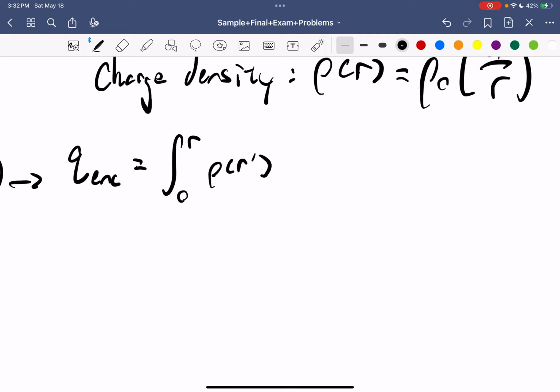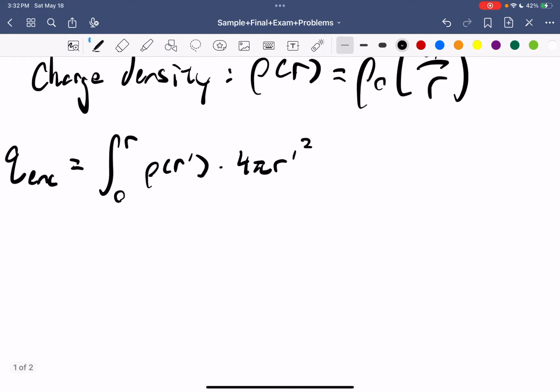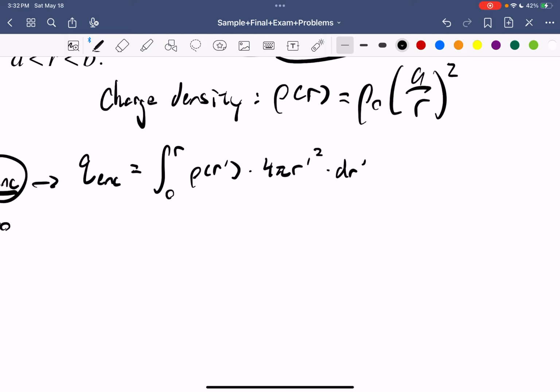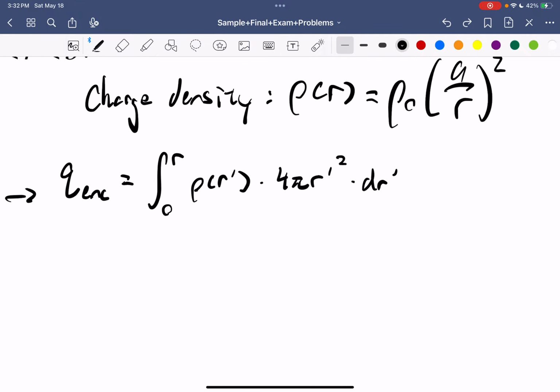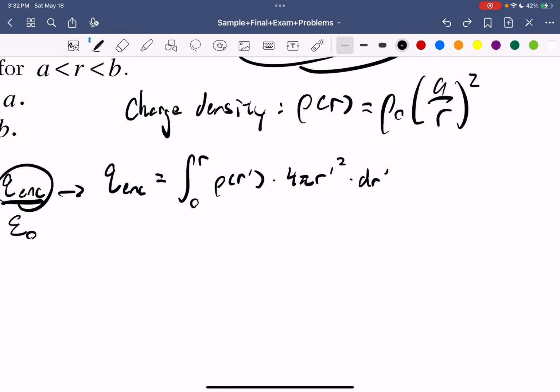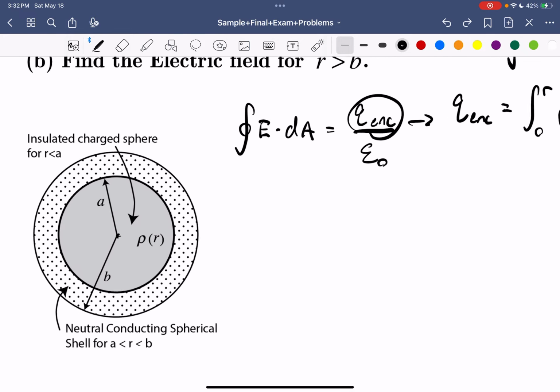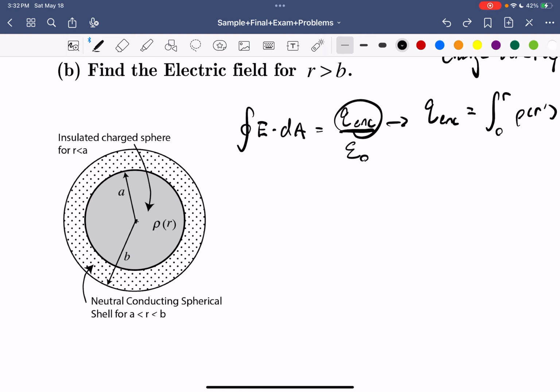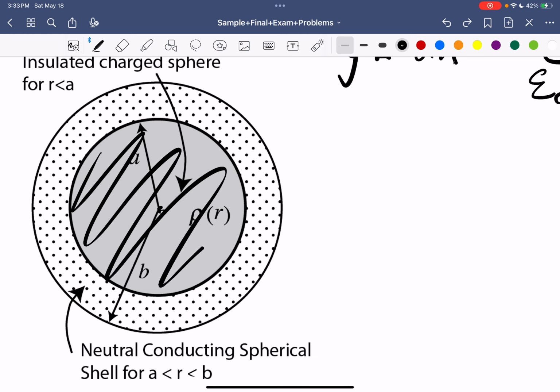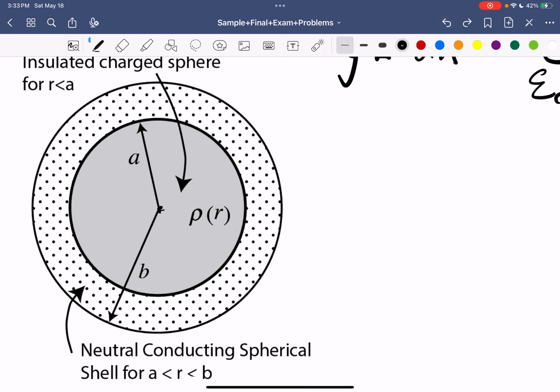Now we're going to multiply that by 4 pi r prime squared dr prime. So what is this? Well, this is basically taking the charge density times the surface area of the sphere. Now, you could be asking, aren't we looking for the volume of the sphere, not the surface area?